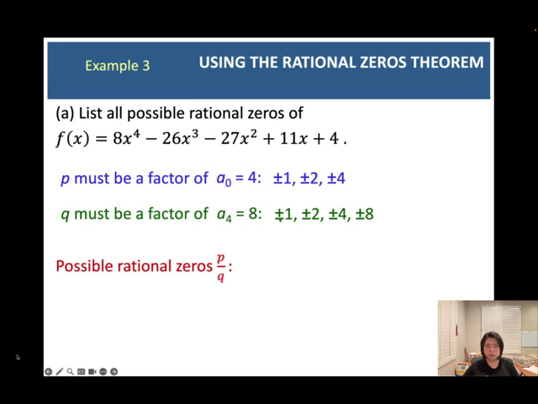So you could do plus or minus 1 divided by plus or minus 1, which is gonna be plus or minus 1, right? Or you could do 1/2, 1/4, 1/8. Or you could do 2 over 1, negative 2 over 1, or 4 over 1, or negative 4 over 1. This is all the possible rational zeros from p over q.